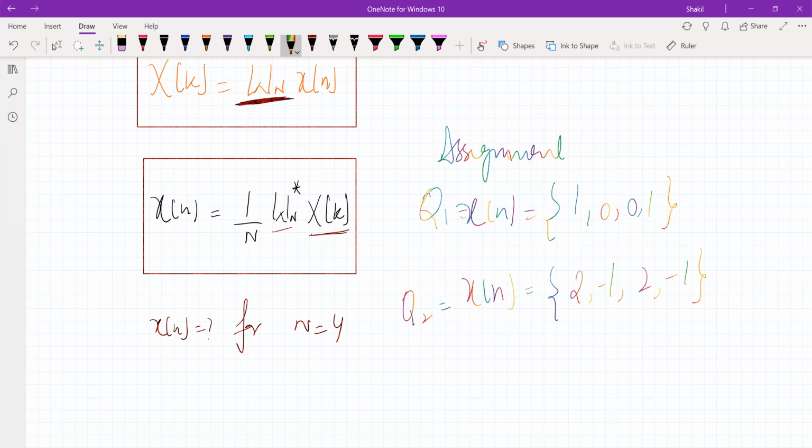Please do this. Compute the 5 point DFT of this using matrix formulation. Remember that. Compute the 8 point DFT of this. But only 4 points are given. How will you do that? All right, let me end this session here. In the next session, we'll continue with the discussion on DFT.